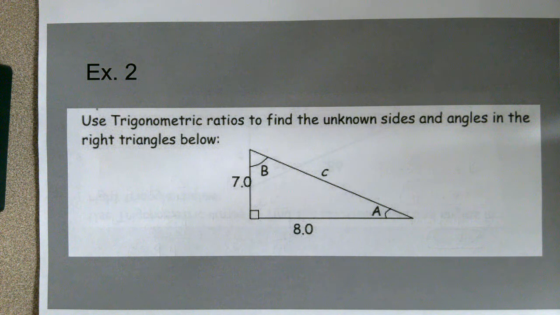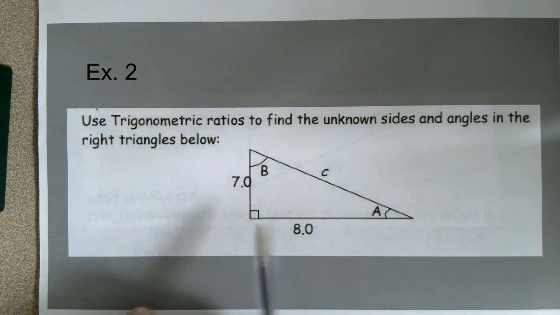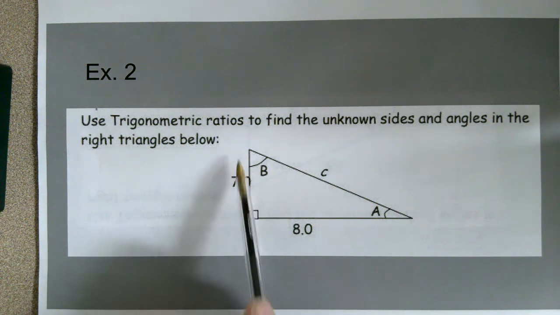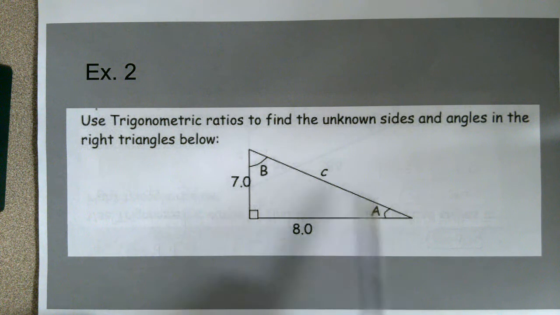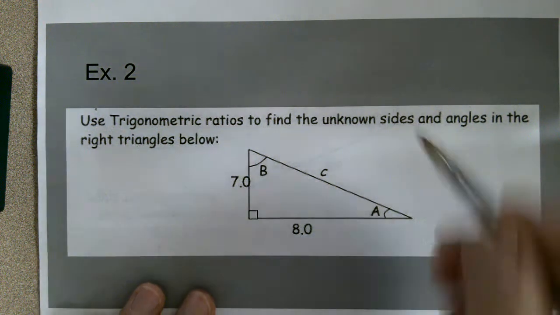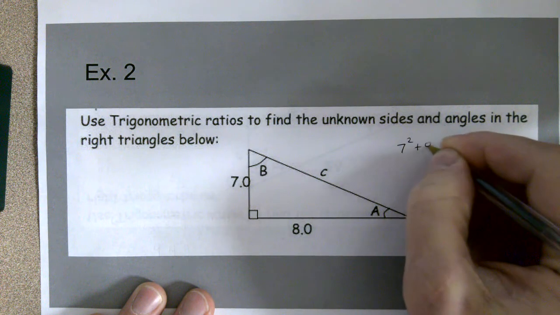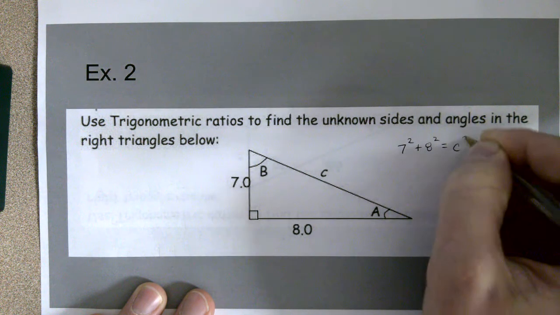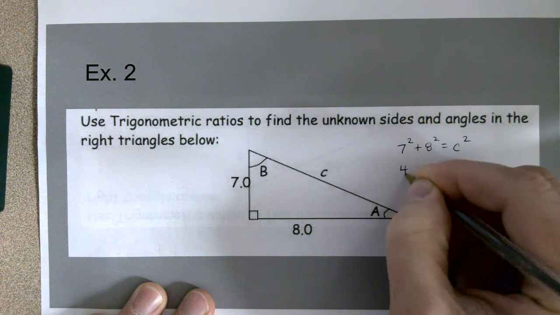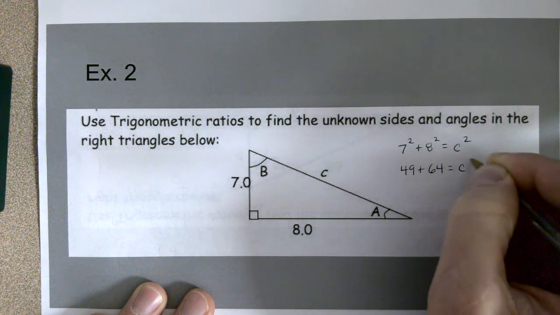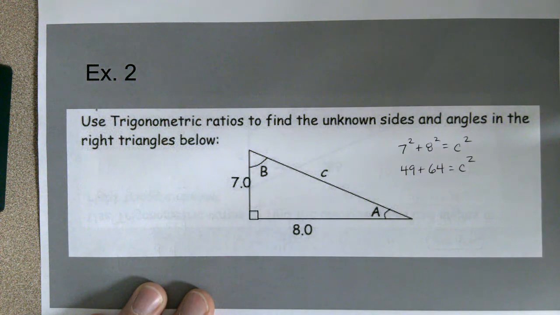Okay, for example 2, notice now we're not given any of the angles other than the right angle. So I'm going to start with my sides. This is one where I've got the two legs and I want to find the hypotenuse, so probably a good start here. I'm just going to do the Pythagorean theorem. 7 squared plus 8 squared equals c squared. We know that 7 squared is 49, 8 squared is 64, and that's equal to c squared.